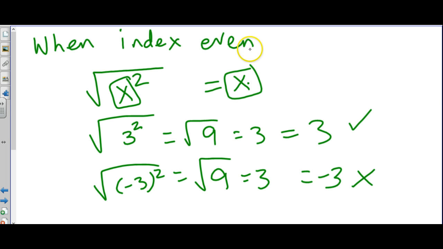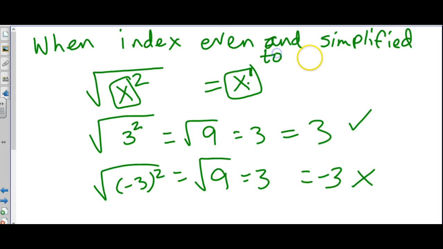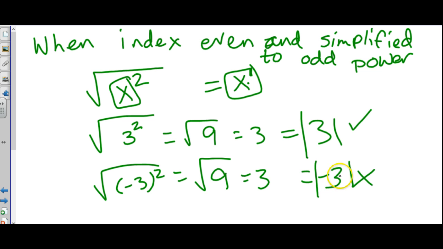So when your index is even, and when you simplify to an odd power, that's x to the first, then we have to include absolute value bars because it will only work for positive numbers. So if we had absolute value bars around this, well, the absolute value of -3 is +3. So when your index is even and you've simplified to an odd power, then you must do absolute value bars.